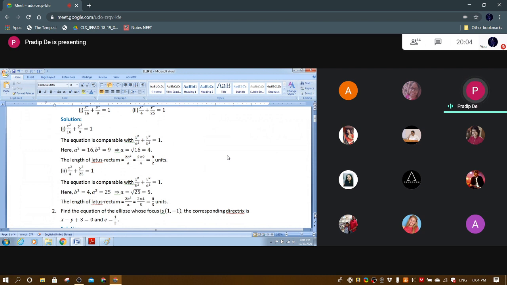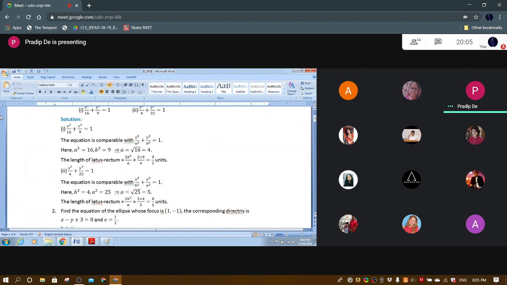In case of ellipse or hyperbola, the fixed line, that is the directrix, has the equation x minus y plus 3 equal to 0. The fixed point is the focus, whose coordinates are given as 1, minus 1. e is the eccentricity, that is the ratio PS upon PM equal to e. So e is half.